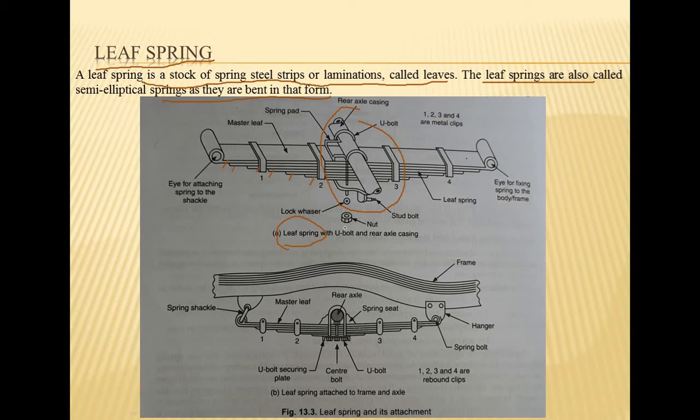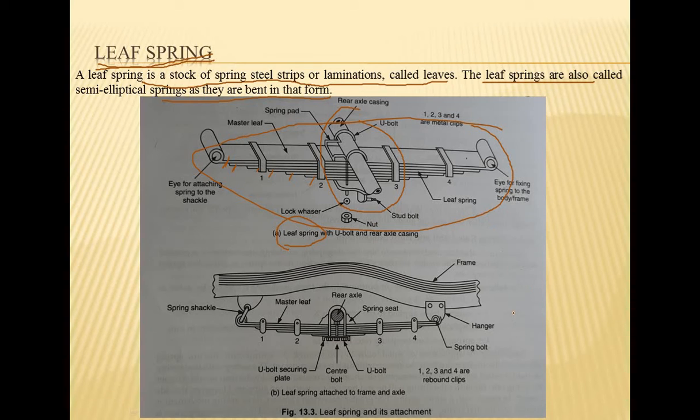The main characteristic of the leaf spring is that all the leaves or laminations, meaning these strips are called leaves, comprising the leaf spring are curved and are bound together to act as a single unit.